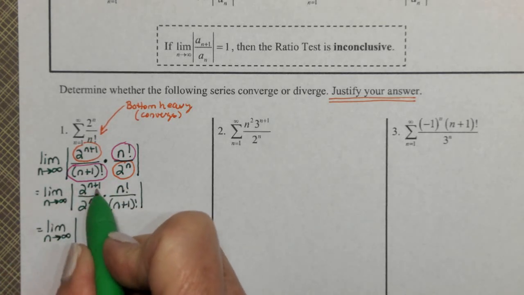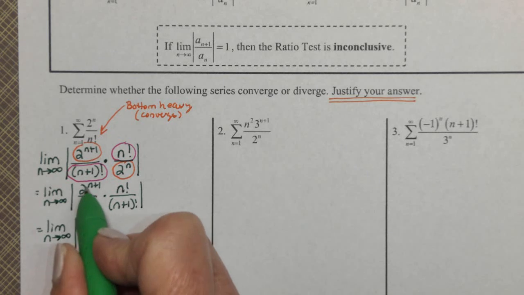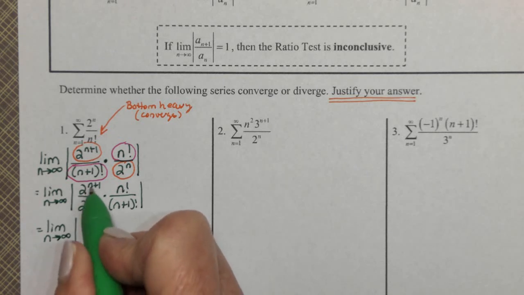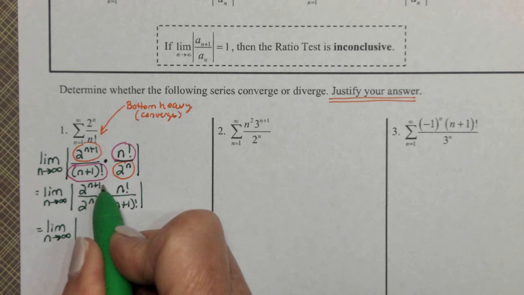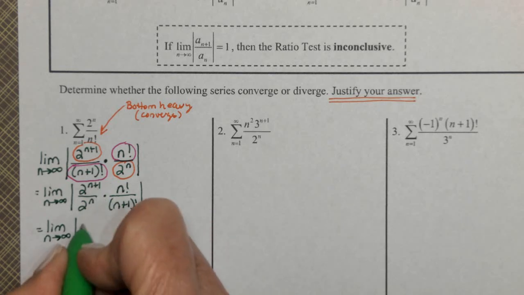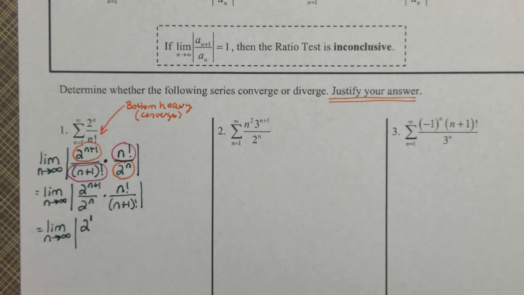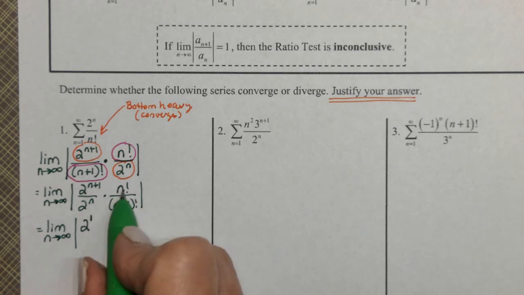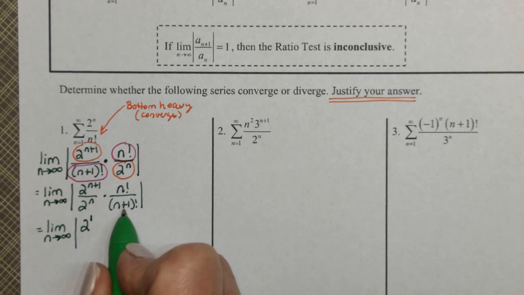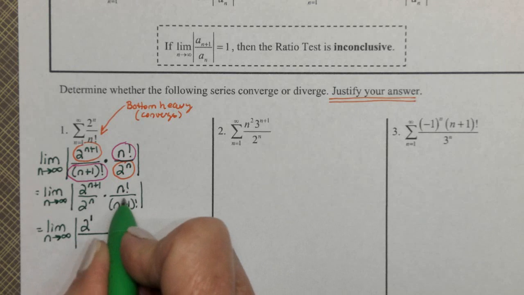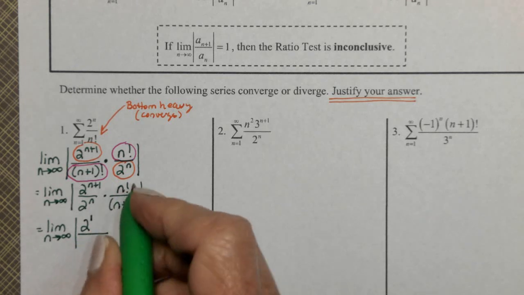2 to the n plus 1 divided by 2 to the n. The bases are the same, so we subtract the exponents. N plus 1 minus n is going to leave a 2 to the first on top, just 2. n factorial over n plus 1 factorial also reduces. N plus 1 factorial is larger than n factorial.